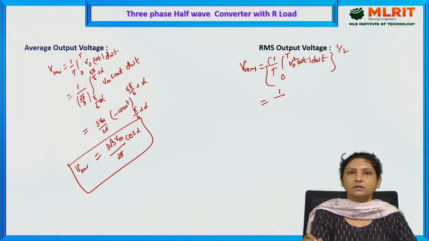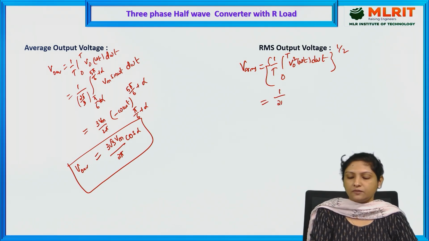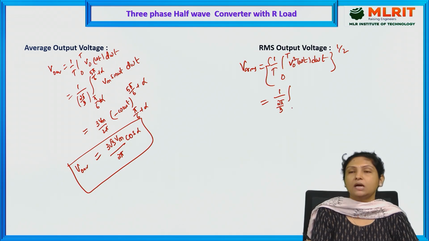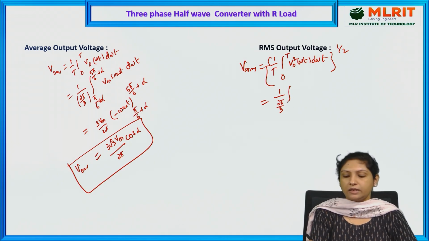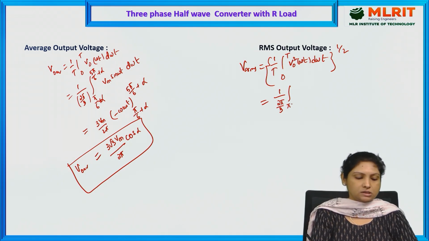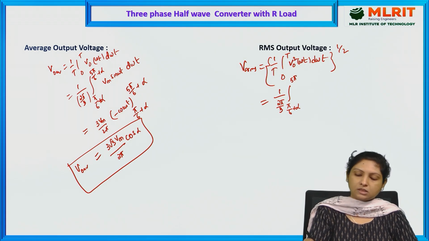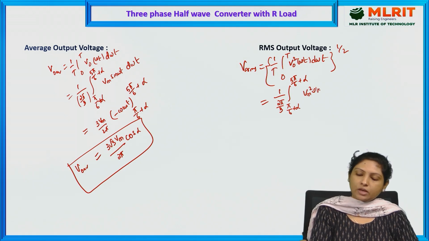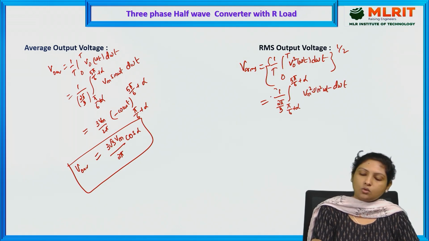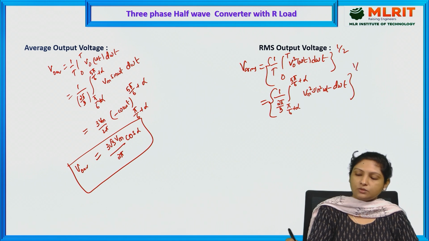Here the time period is, every similar cycle is repeating for 2 pi by 3, 120 degrees. Again, limits are conducting from pi by 6 plus alpha to 5 pi by 6 plus alpha, Vm square sin square omega t d omega t, whole to the power of 1 by 2.